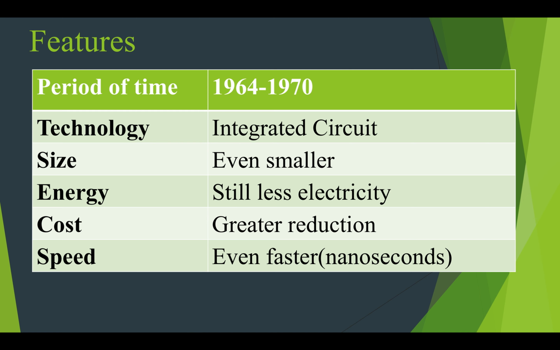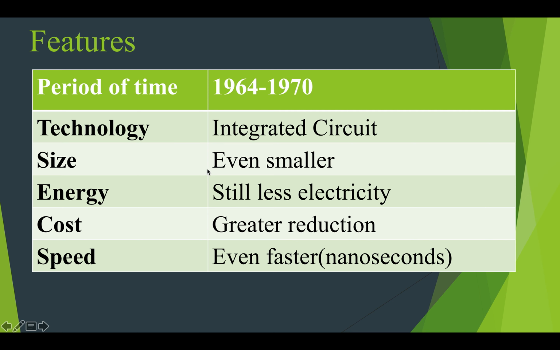Features. The period of the third generation was from 1964 till 1970s. Integrated circuits were used in these generation computers. The integrated circuit was invented by Jack Kilby and Robert Noyce.